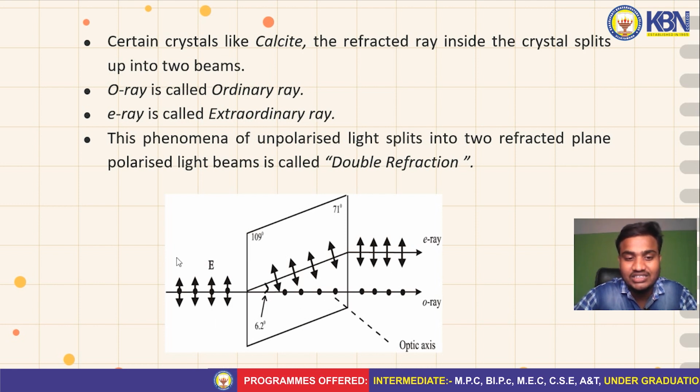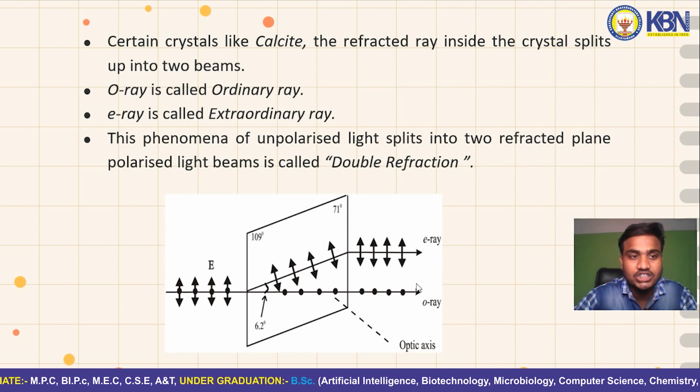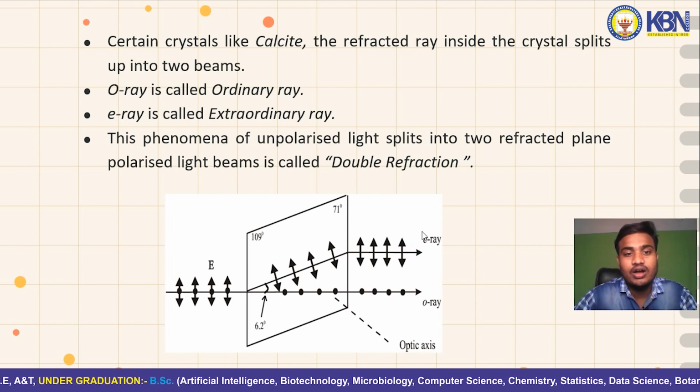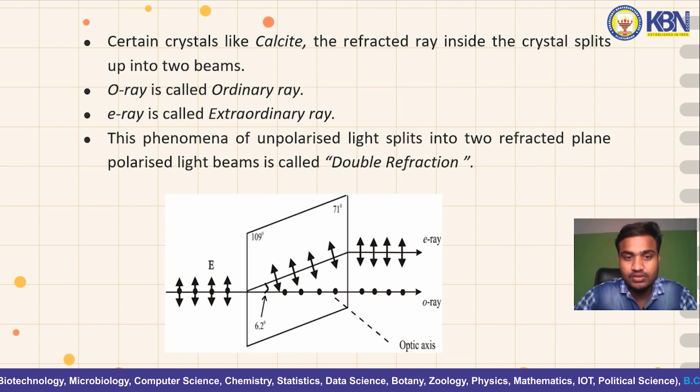When unpolarized light E falls on crystals like calcite, it splits up into two parts: the extraordinary ray and the ordinary ray, with vibrations perpendicular to each other. This phenomenon, where unpolarized light splits into two refracted plane polarized beams, is called double refraction.